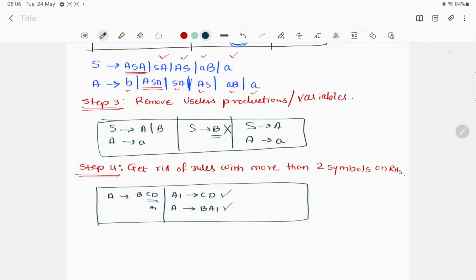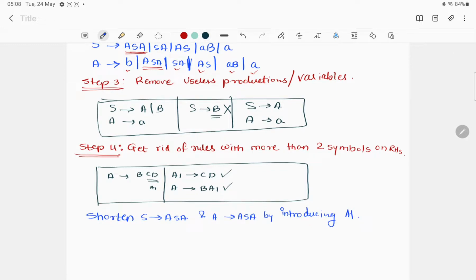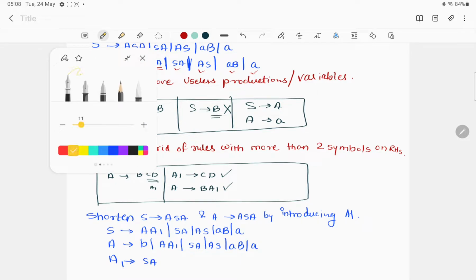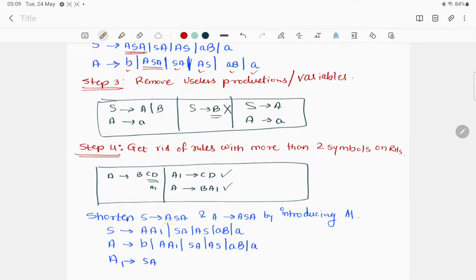Okay, so now I can say that shorten S giving ASA and A giving ASA by introducing a new symbol A1. And now I will write down the grammar. So this is the grammar. S giving A1. So instead of writing ASA, I am writing A1.